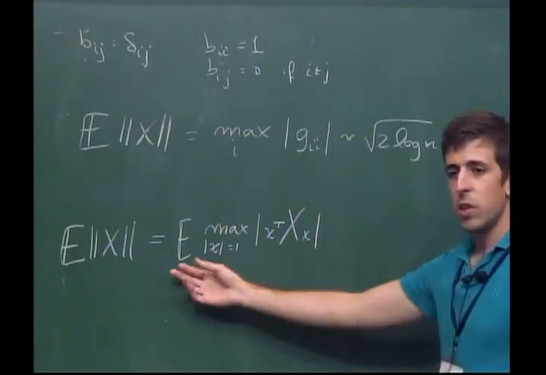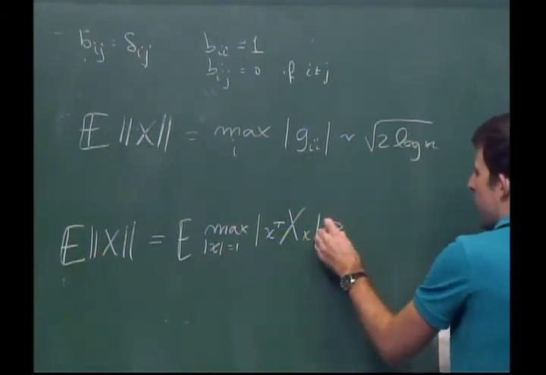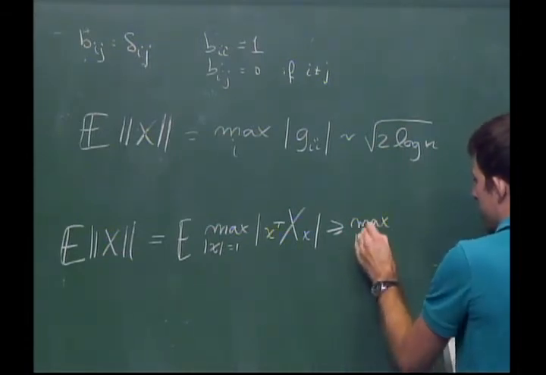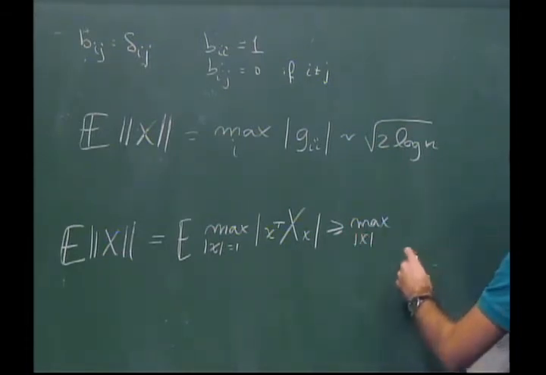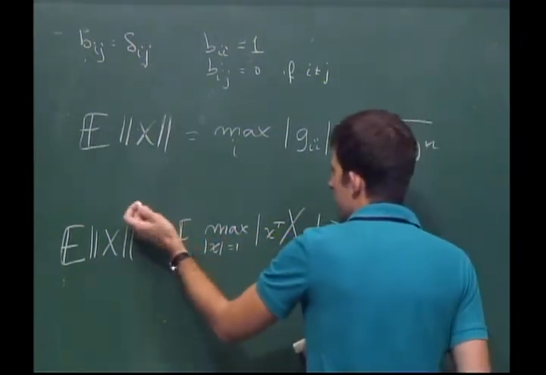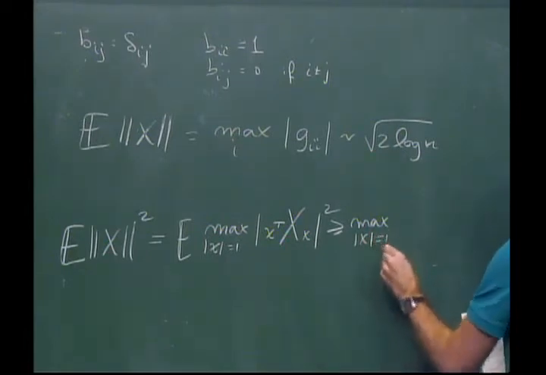If I switch the expectation with the max, I can only get smaller. Let me do the square just to avoid complications in calculations.